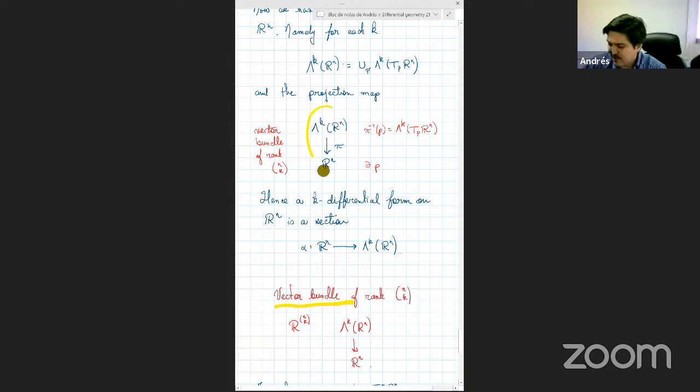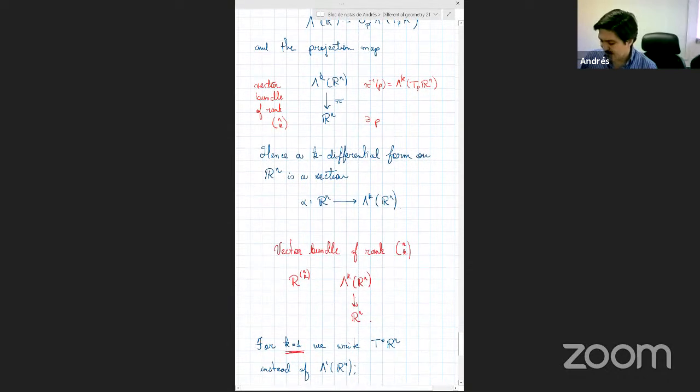But now, if you have a vector bundle and you already know what a differential form is, so actually, again, the same way that we saw a vector field, we have a section. A differential form is a section of a particular vector bundle. Okay? Now, remember that for k equals 1, this was defined in a different way. It just was the dual. But also in geometry, we use a different notation.